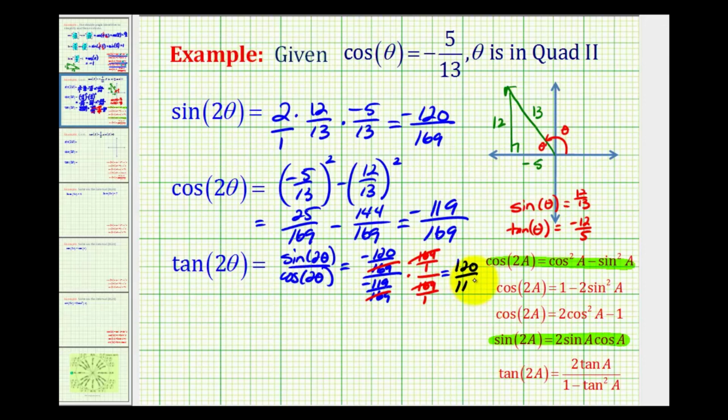divided by 119. But I think I'll also show we can get the same value by using this identity here, just in case you're required to show this. So tangent 2 theta is going to be equal to 2 times tangent theta, or 2 times negative 12/5.